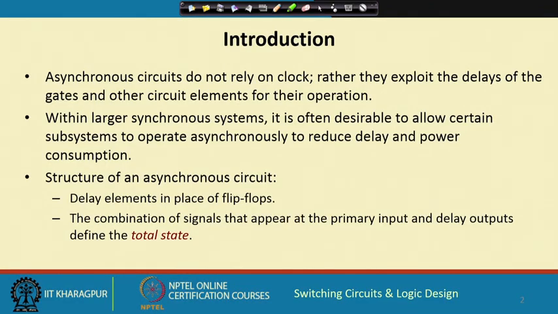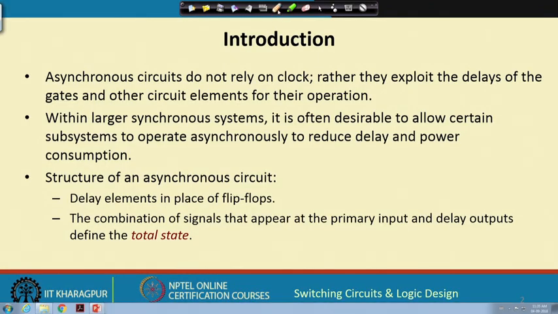Fine. So, as I have said, asynchronous circuits in general do not rely on a clock. What do they rely on? They exploit the delays of the gates and other circuit elements. Let us take an example.